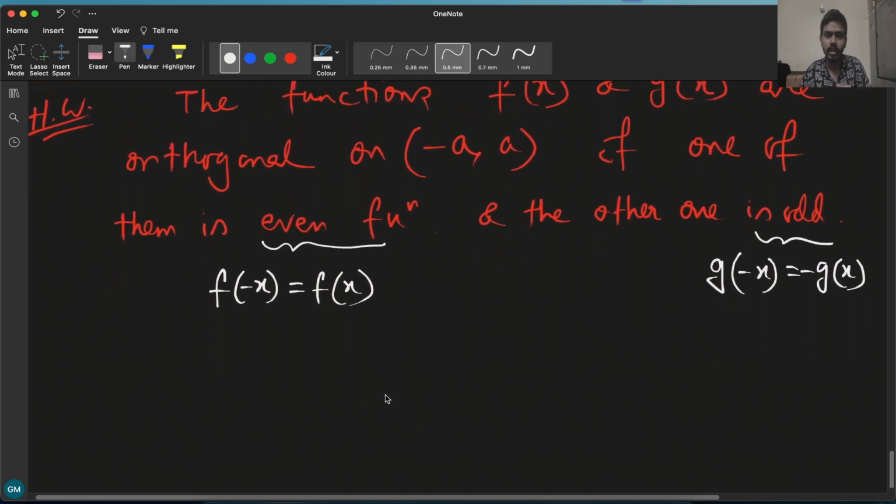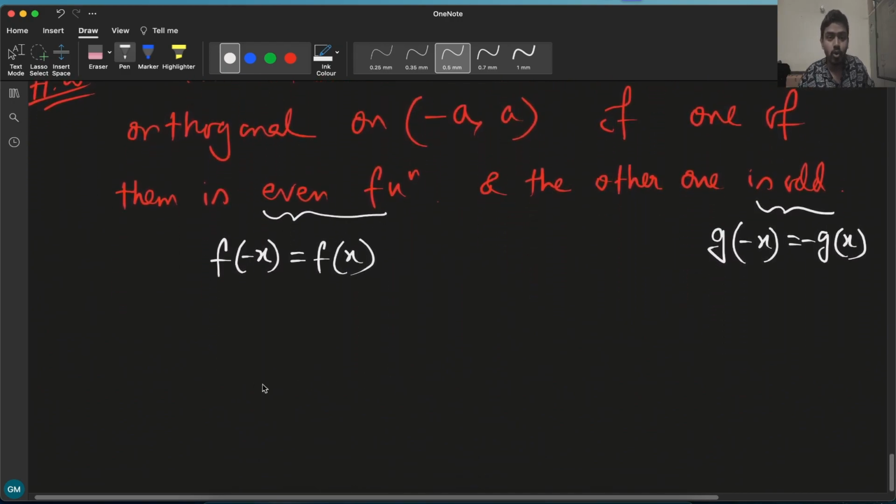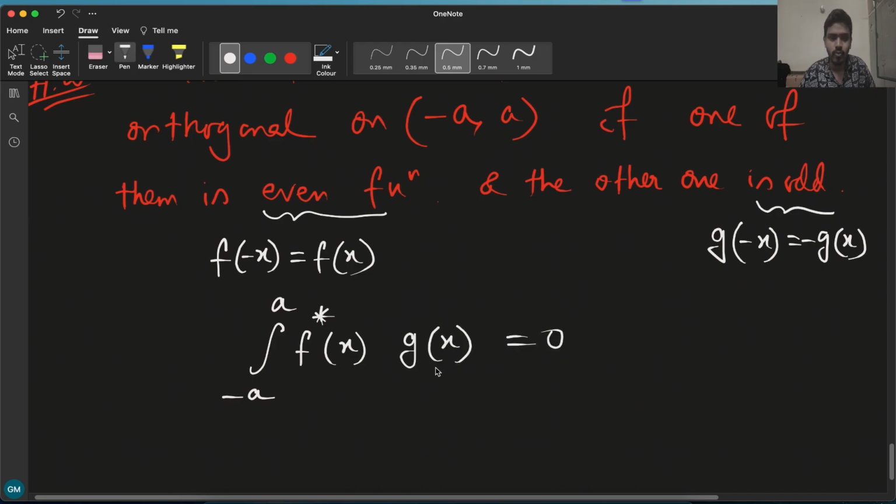Okay, this is the even and odd function, and what you need to show is basically that integral from minus a to a of f star x g(x) equals 0. I'm assuming x is taking scalar values, so they are scalar functions, so I'm omitting the star, or you can keep it, no problem. You have to show it, using these two properties.